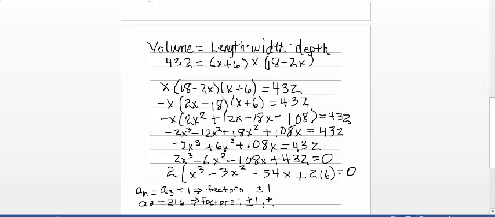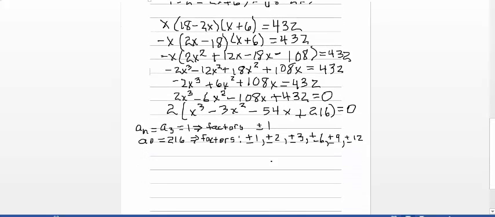The factors of that are many: plus or minus 1, 2, 3, 4, 6, 8, 9, 12, 24, 54, 48, and so forth.